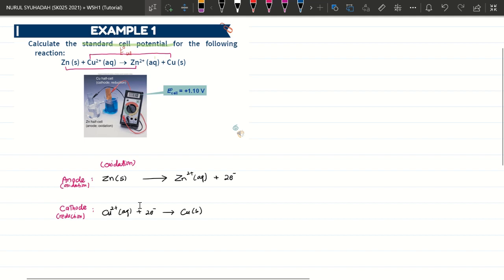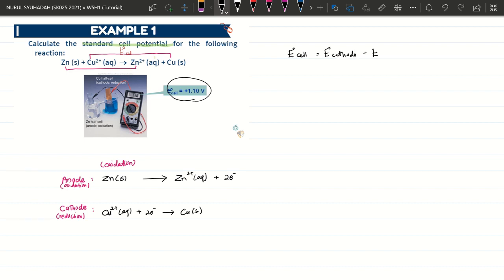Anode, cathode. Right now we are trying to find the E0 cell. How do we get this value? The equation you are going to use is E0 cell equals E0 cathode minus E0 anode.